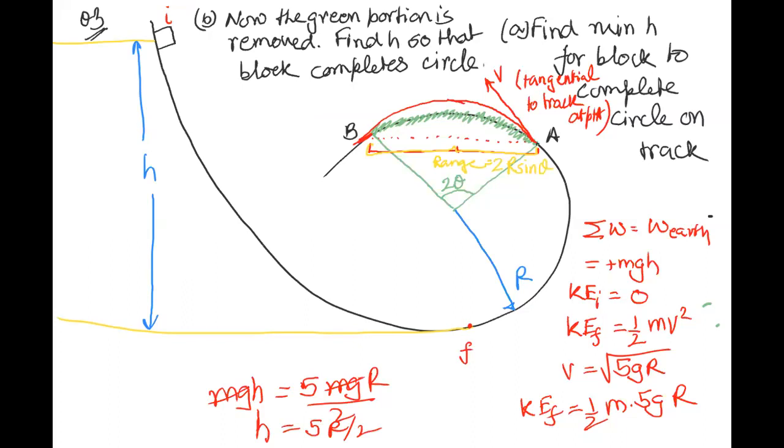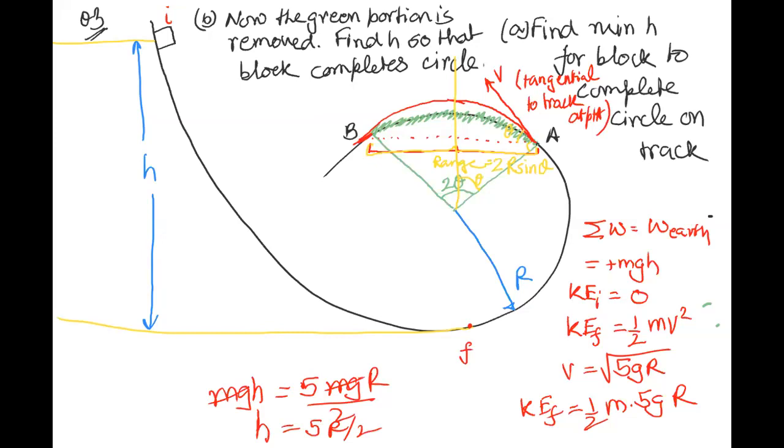Well, if it is tangential at point A, then this angle must be theta, and this angle must be 90. So this angle must be theta. Right? So we have a projectile which has been launched with an unknown velocity v and a known angle theta, such that its range is 2r sin theta.